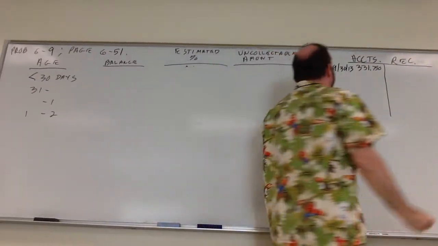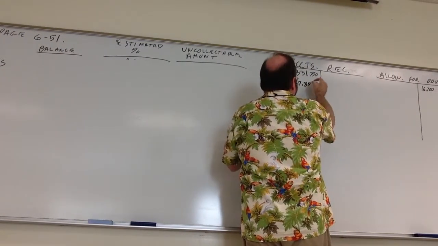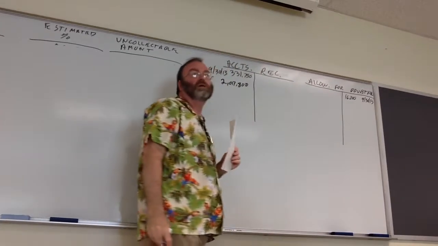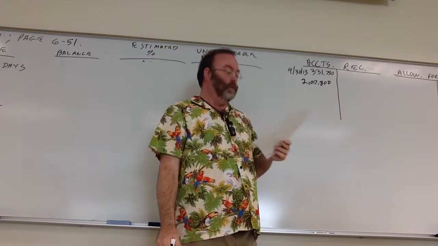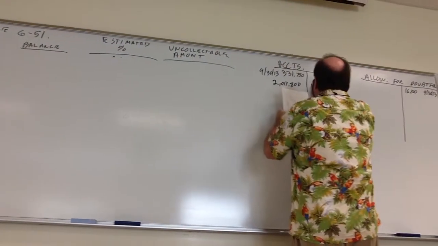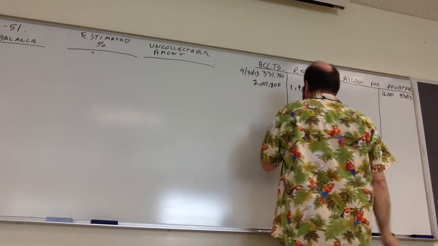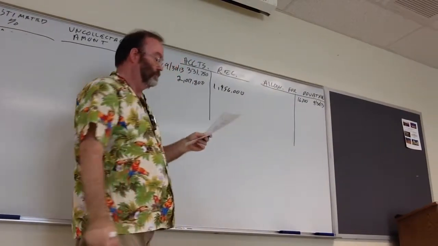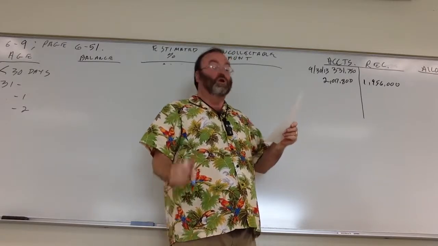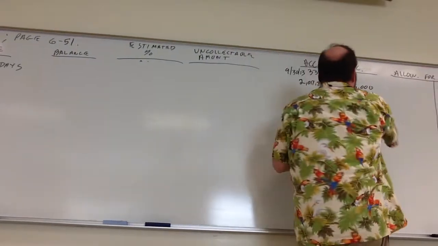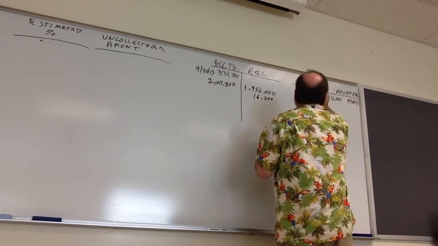Throughout the year, you sold $2,017,800 in credit sales. Due net EOM, end of month. And of that amount, you collected $1,956,000. You wrote off $16,200 in uncollectible accounts.